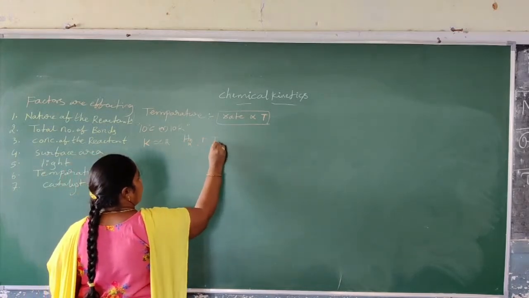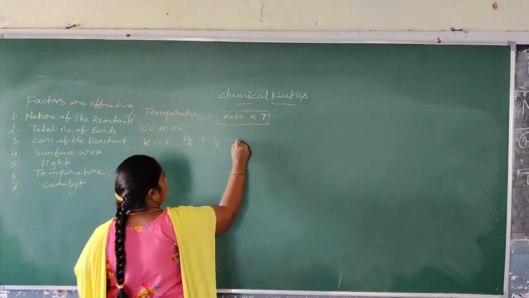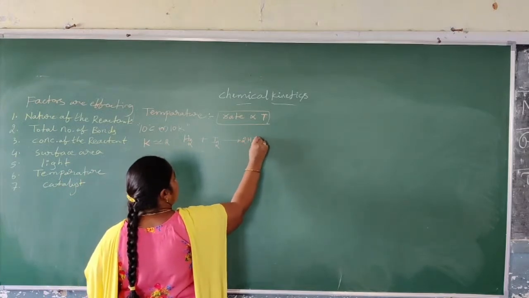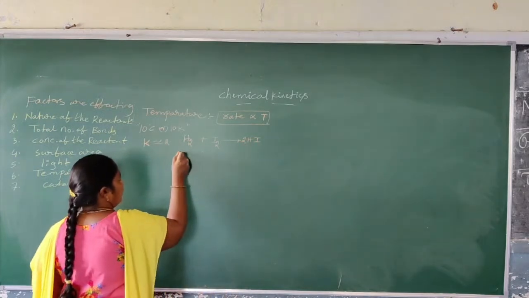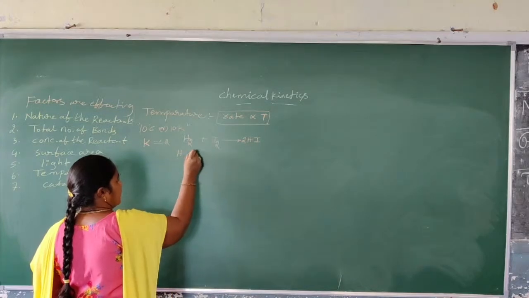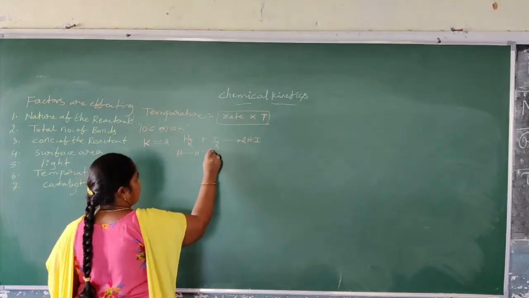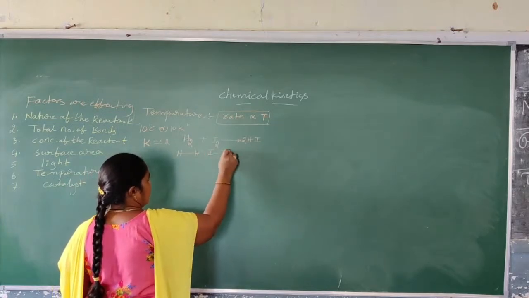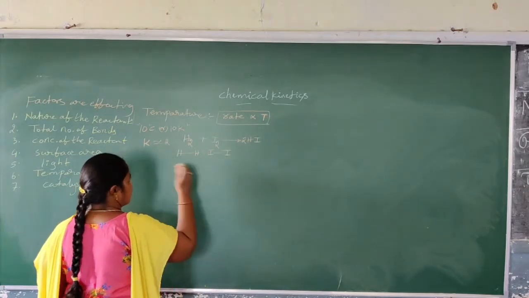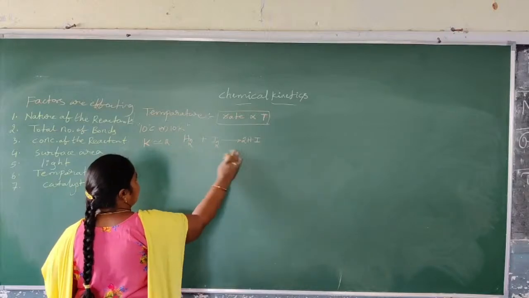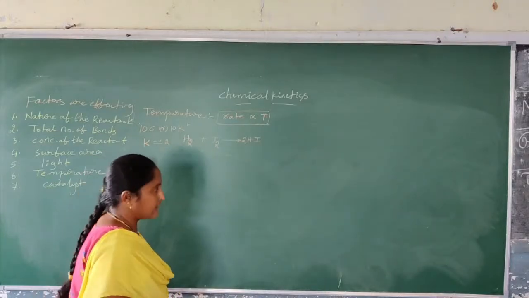reacts with I2 to get 2HI. H2 molecule, that is H and H, and iodine. Now this is also represented like this.